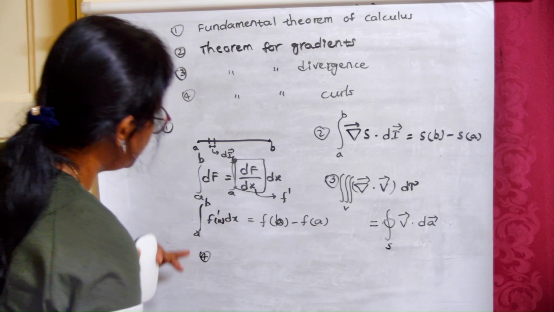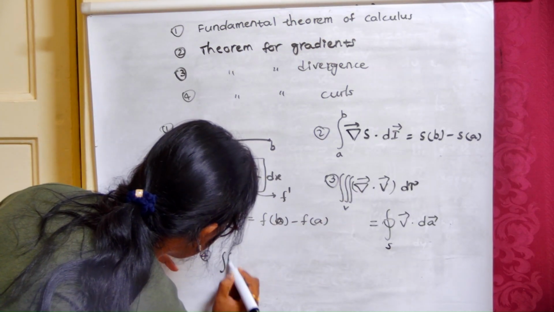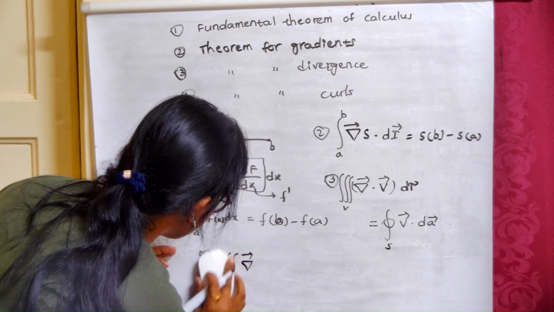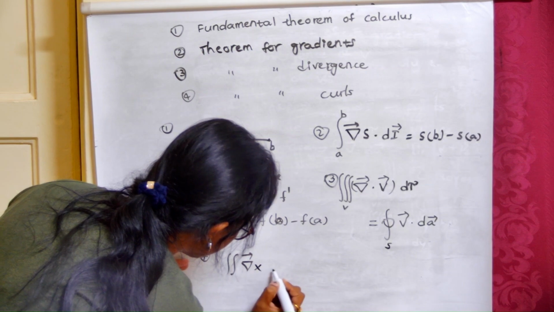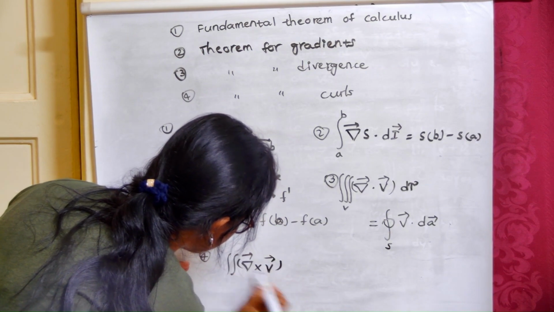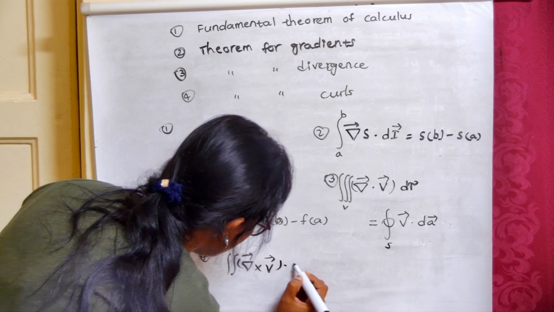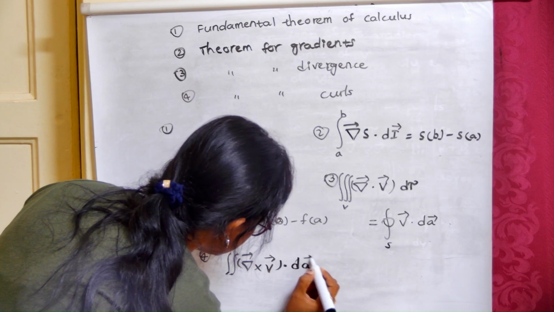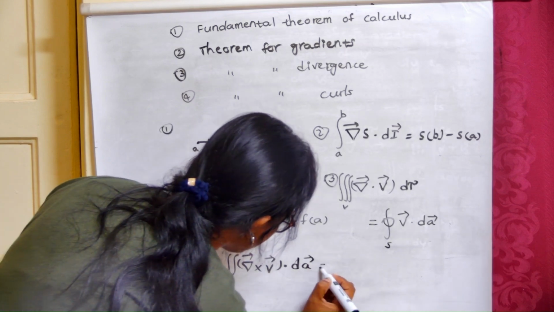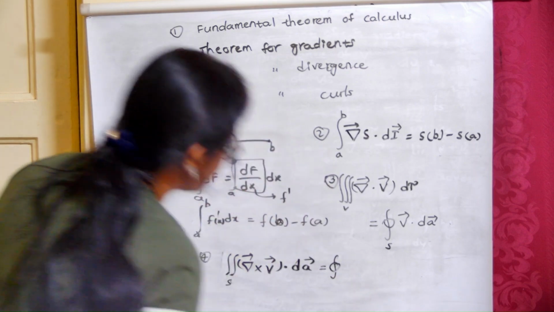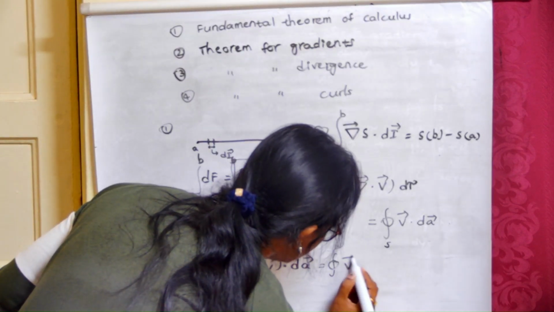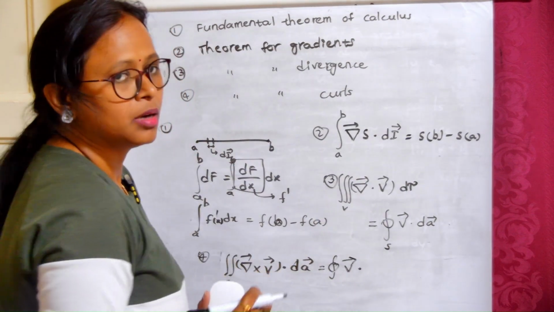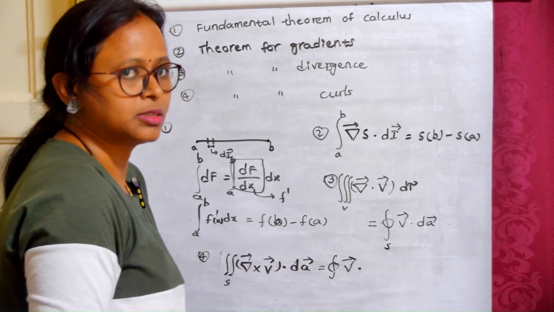And coming to the theorem of curls, the curl of a vector within an enclosed surface area is equal to the value of that function integrated along the path that is enclosing that surface.